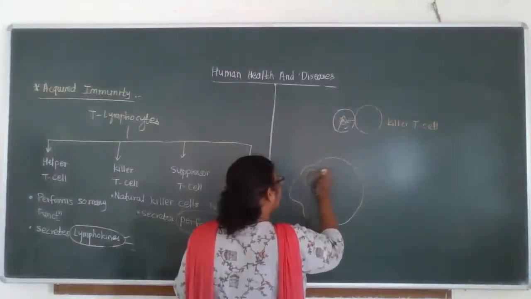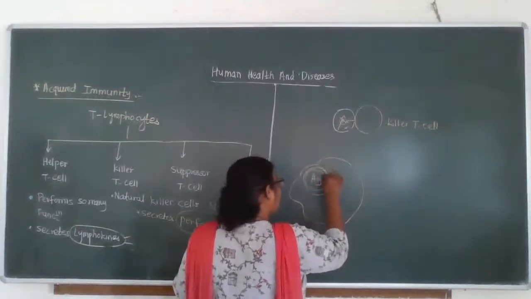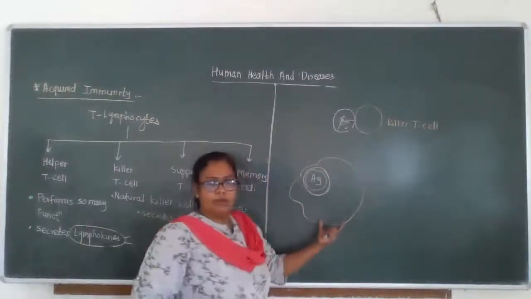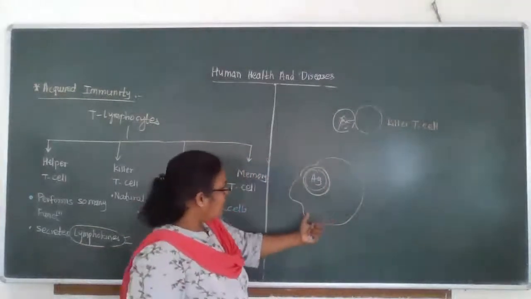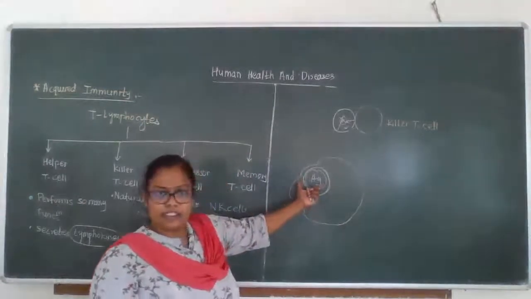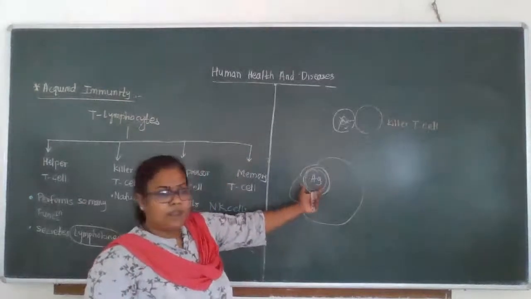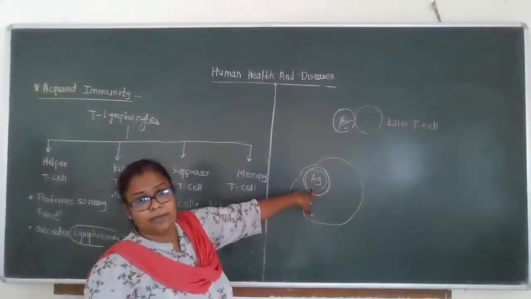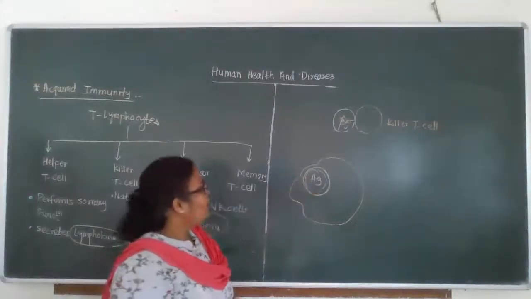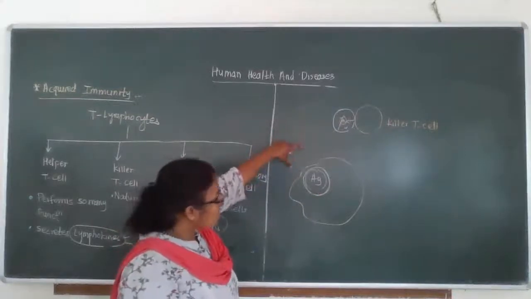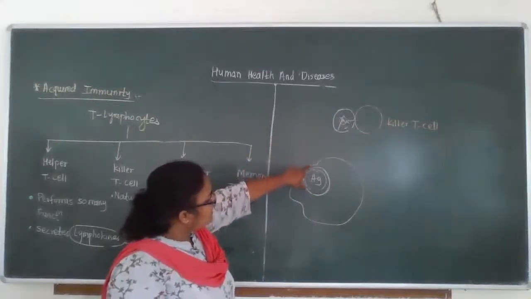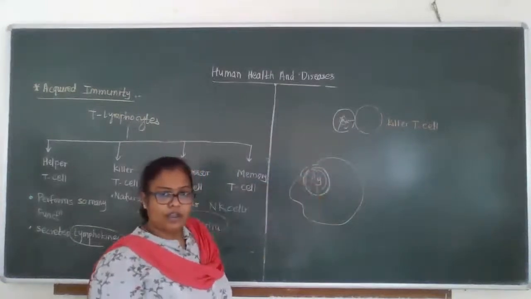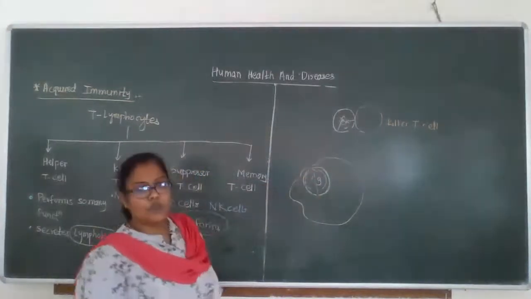Suppose this is our macrophage cell, and this macrophage cell has taken the antigen inside by forming a phagocytic vesicle, that means it is forming a phagosome inside. So when the natural killer cell binds with this cell, it releases the perforin and kills this. Clear? Likewise, the natural killer cells work.